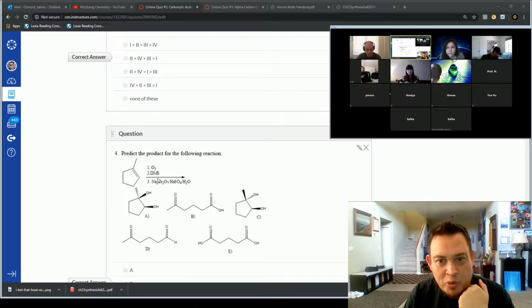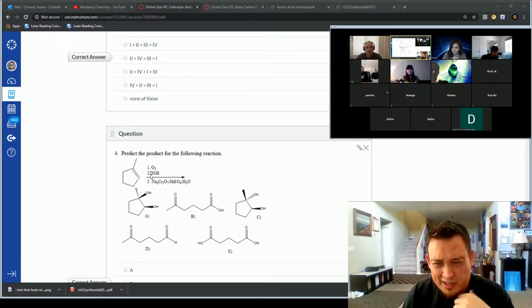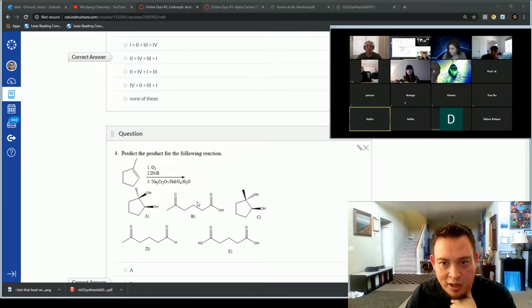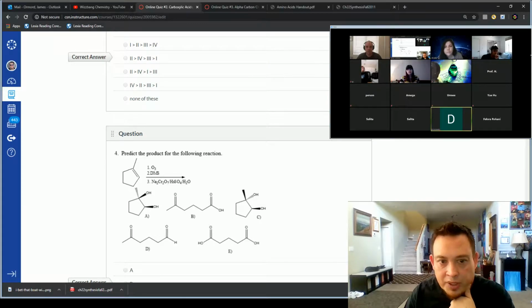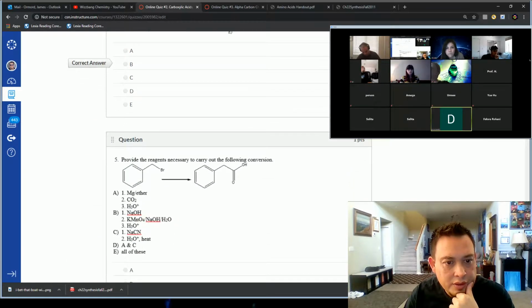I did want to point out that in my class, I go over how you can change the second step on this ozone reaction to oxidizing conditions, and you have one less step. I believe what I show in my class was H2O2 and hydroxide. That will give you the oxidized product, which is B. Yeah, the chromium oxidation works also.